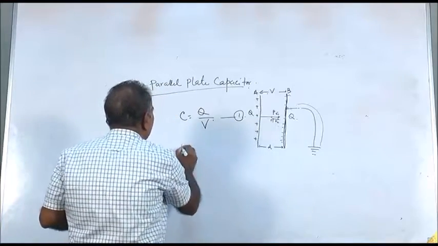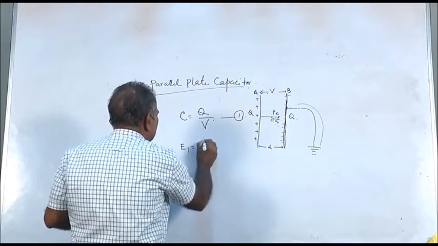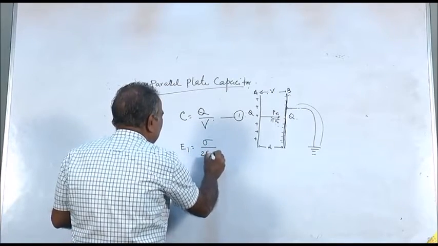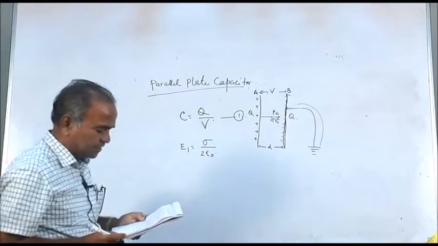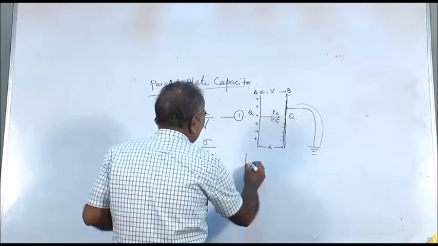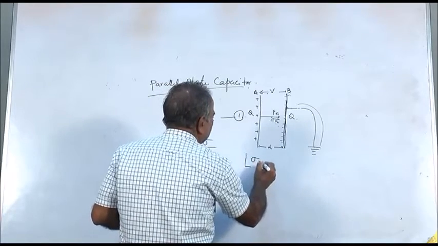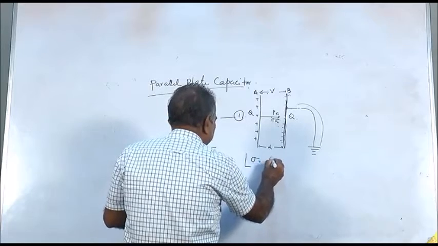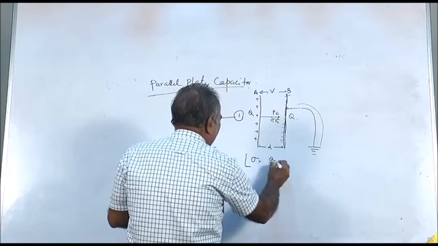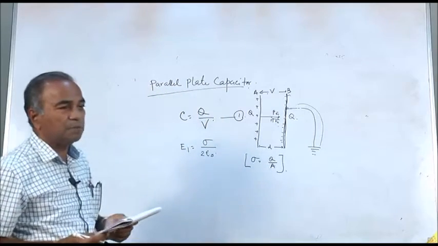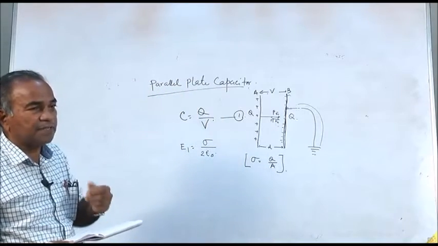E1 is equal to sigma by 2 epsilon 0, where sigma is the surface density of charge. Surface density means charge by area, Q by area. Density is mass by volume, so the area density is mass by area.